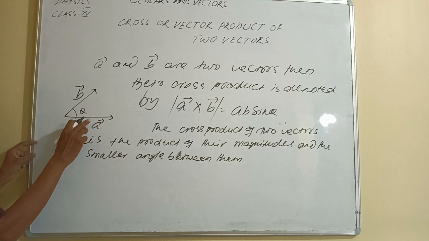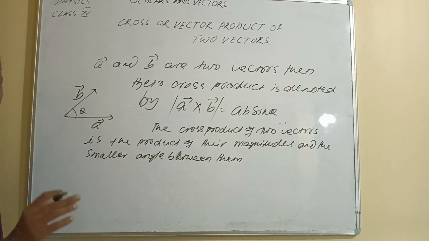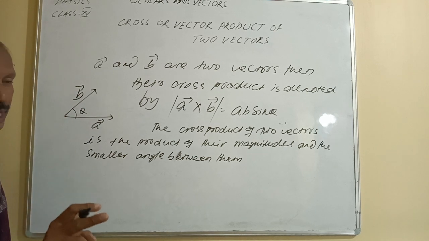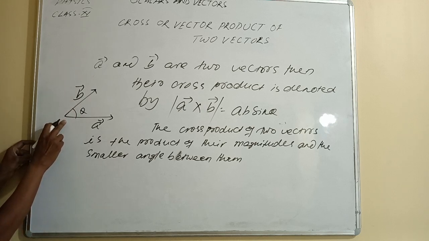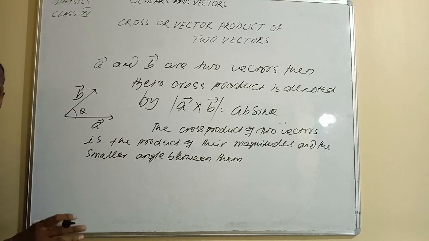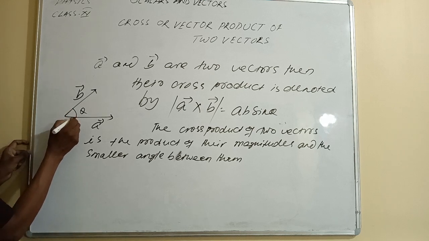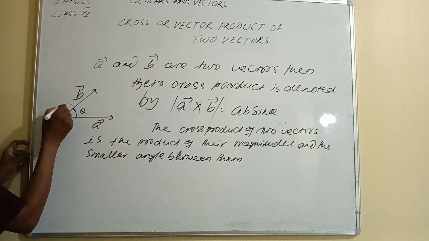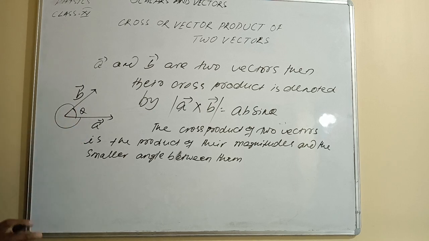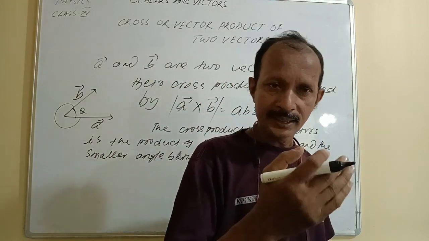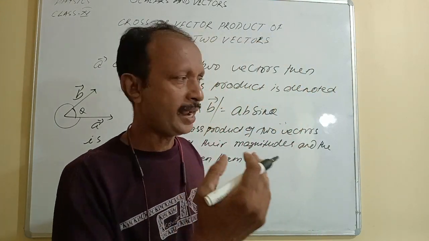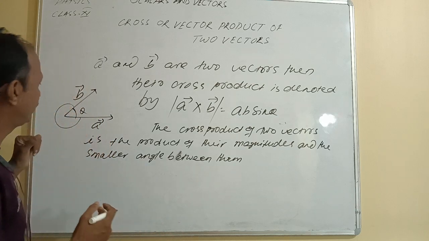You see here two vectors A and B drawn in such a manner that their tails are coinciding. So here they are making two angles. One is the smaller angle, one is the bigger angle. That means one angle is less than 180 degrees, another angle is more than 180 degrees.